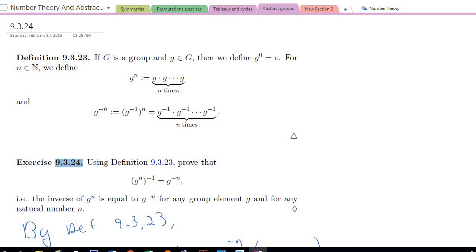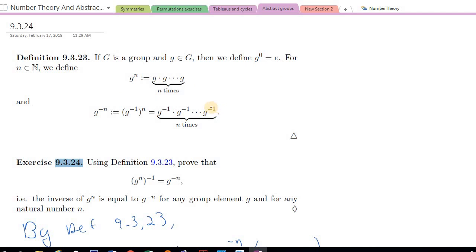Now, exercise 9.3.24 relies on this definition, where you're defining the nth power of a group element and the minus nth power of a group element. And so we have g to the 0, which we define as the identity element, but for positive integers we define g to the n as g operated on itself n times, g to the minus n as g inverse operated on itself n times.